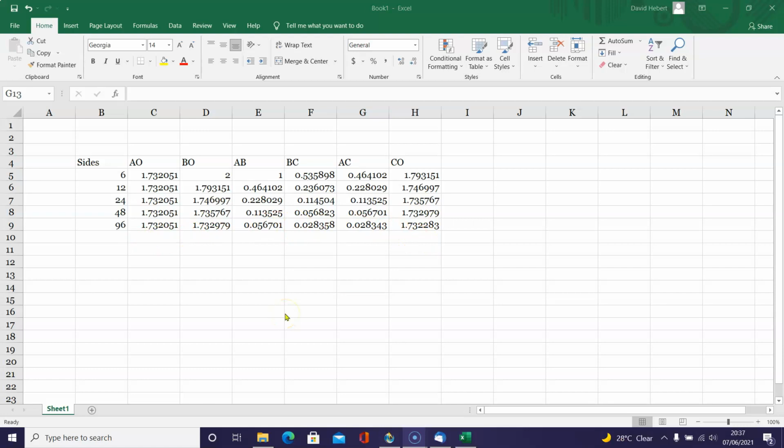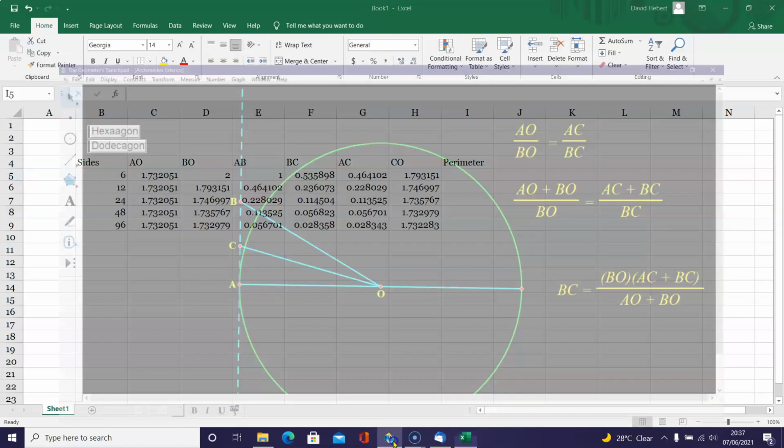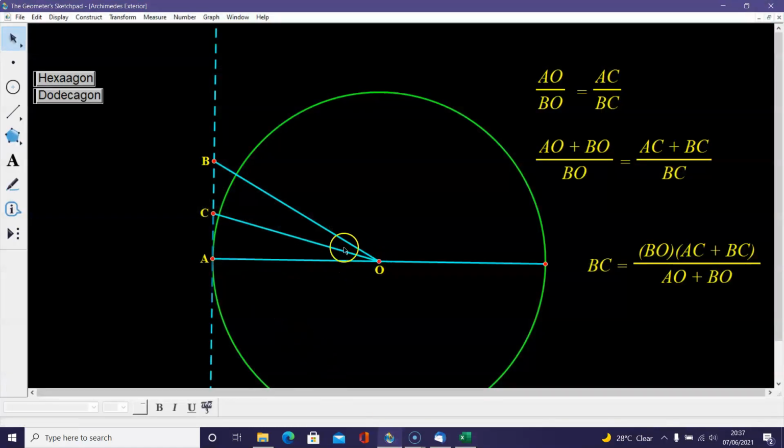Now, the question is, what does all of this give us? Well, let's go back and build a new column in, and let's call it perimeter. Now, let's think about the perimeter from this diagram. When we began, we were looking at the distance A to B, and we said we had a hexagon which was 6-sided.